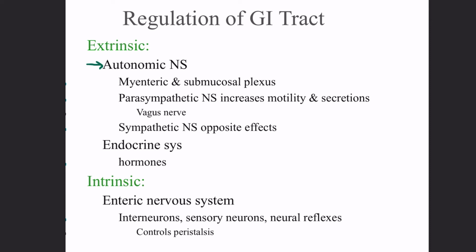And this has to do with the parasympathetic and sympathetic divisions. The parasympathetic is going to increase GI function, so that's going to increase secretion, increase movement, increase motility, and it can travel via cranial nerve 10, the vagus nerve. The sympathetic division is going to have opposing, antagonistic effects from that.